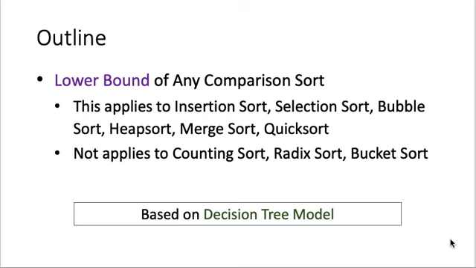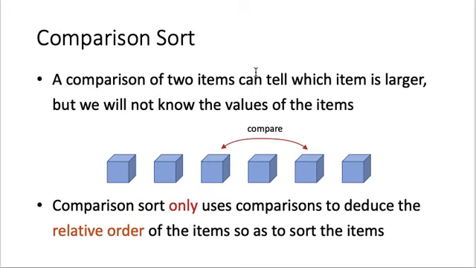So let's start. First of all, a comparison of two items can tell which item is larger, but we will not know the values of the items. It is like the items are all locked into boxes, and we can at any time choose any two boxes to compare.